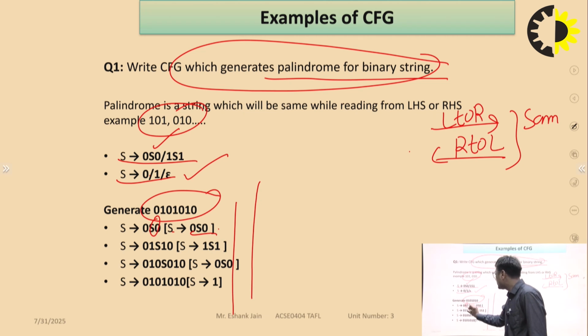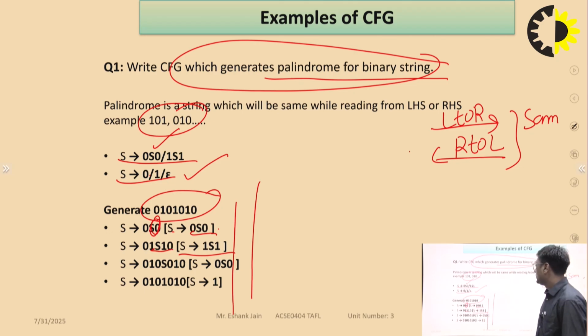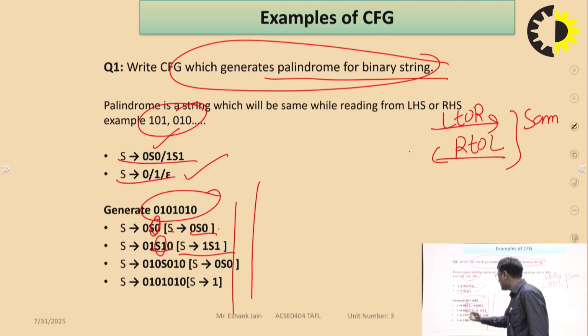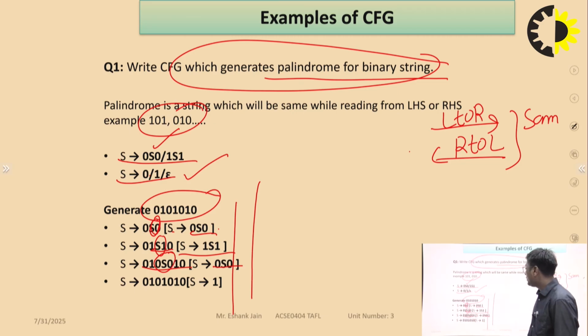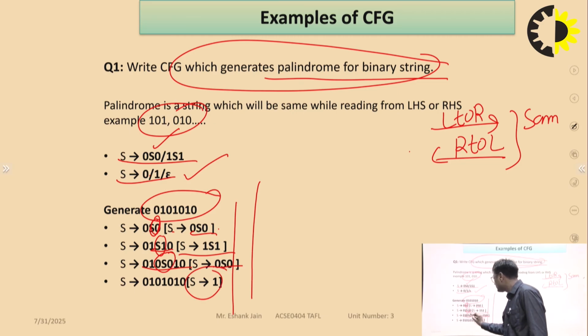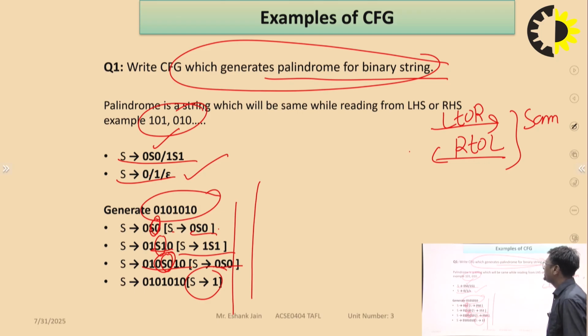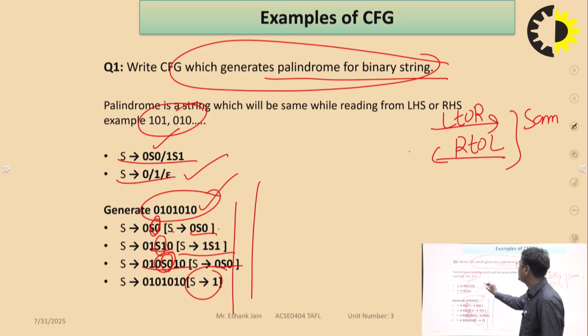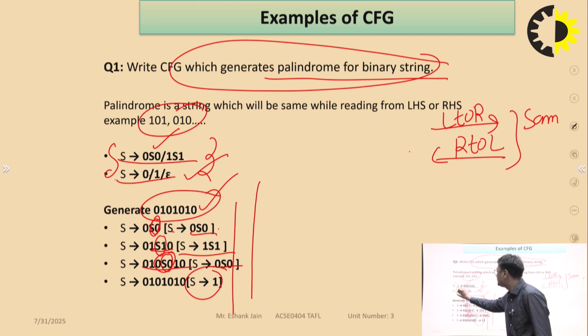Now we put the value of S as 1S1. And now put the value of S as 0S0. And now S tends to 1. So we can see that this string can be generated using these productions.